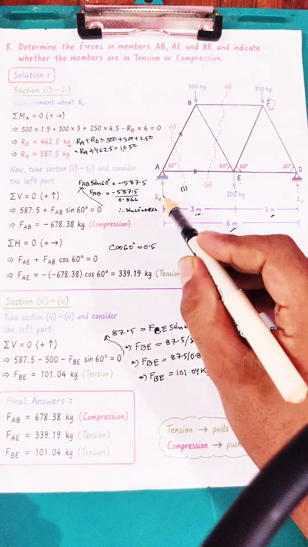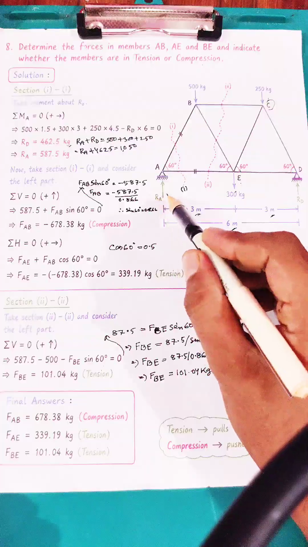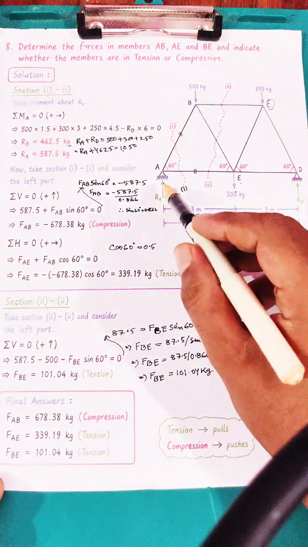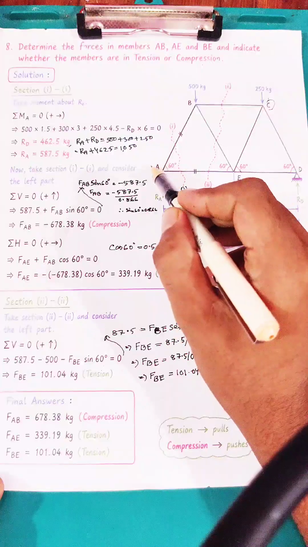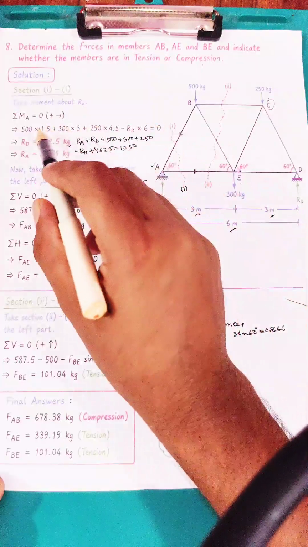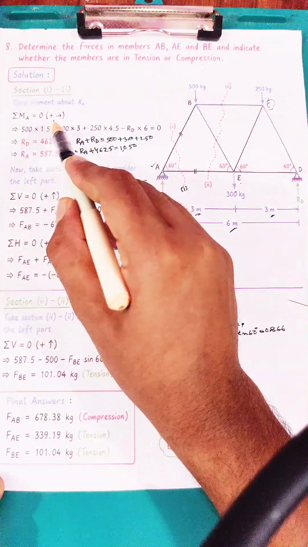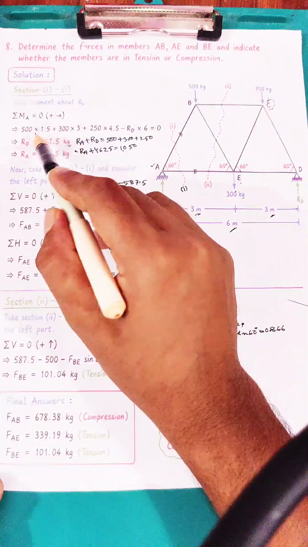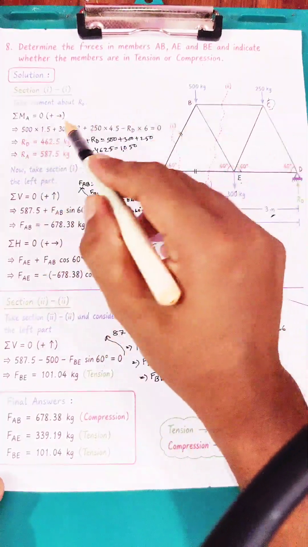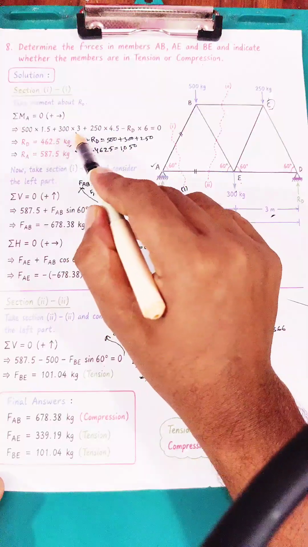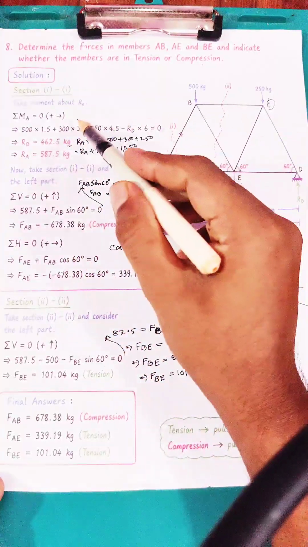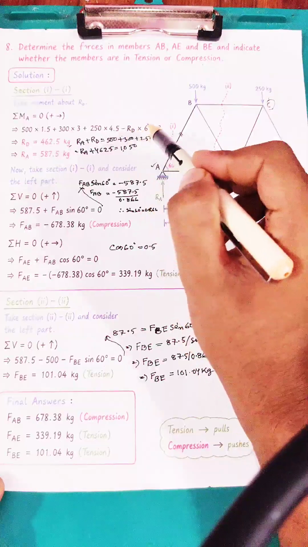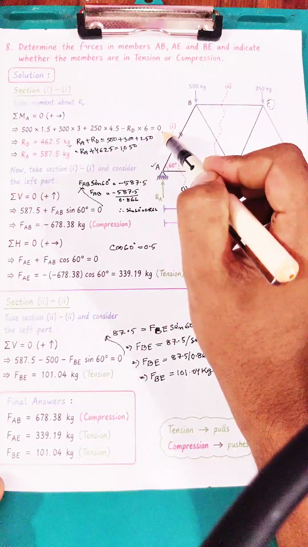First, we need to calculate the support reactions RA and RD. We take moments about support A using the equilibrium equation MA equals 0, taking anti-clockwise moment as positive. Then 500 times 1.5 plus 300 times 3 plus 250 times 4.5 minus RD times 6 equals 0.